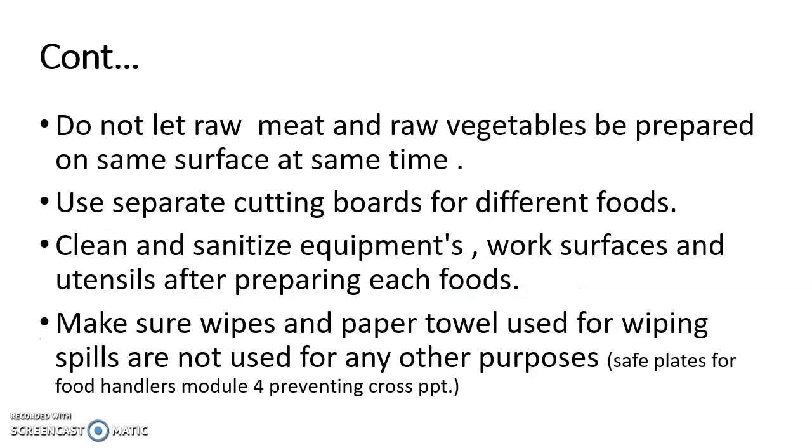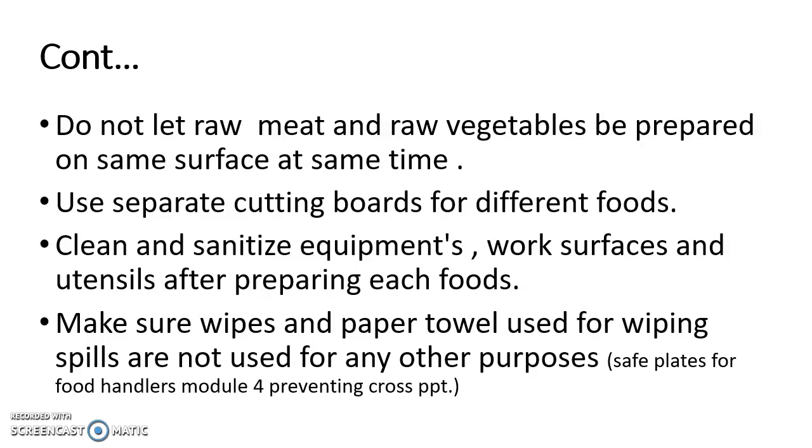Apart from that, what was taught is do not let raw meat and raw vegetables be prepared on the same surface. If you are preparing something like a chicken curry or a meat curry, keep both ingredients on different surfaces. Use separate cutting boards for different foods: for meat use a separate board, for vegetables use a separate board.